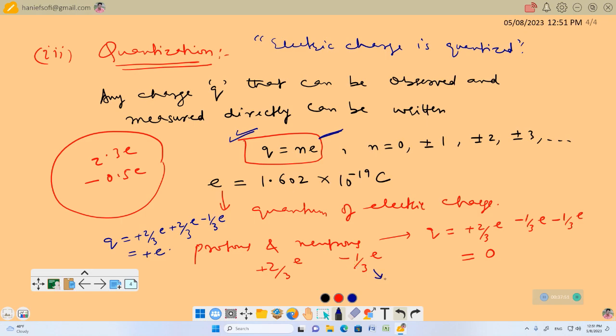The down quark has minus 1 by 3 charge assigned, and the up quark has plus 2 by 3 charge assigned. There is no issue with this quantization idea, because we have not isolated quarks. Even if we isolate them, charge is still quantized, but we have to change this equation. The quantum will then become 1 by 3. Right now it is e. I hope it is clear to you.